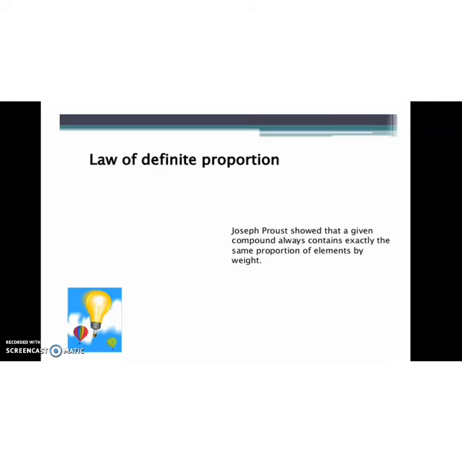For example, 2:1. Water is formed where 2 molecules of hydrogen react with 1 molecule of oxygen to form water. So there is a fixed proportion of elements combining to form a compound. This is the law proposed by Joseph Proust, the law of definite proportion.